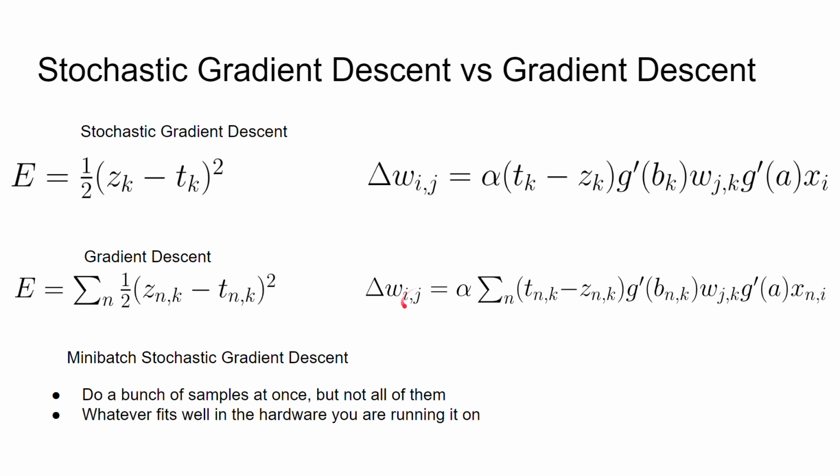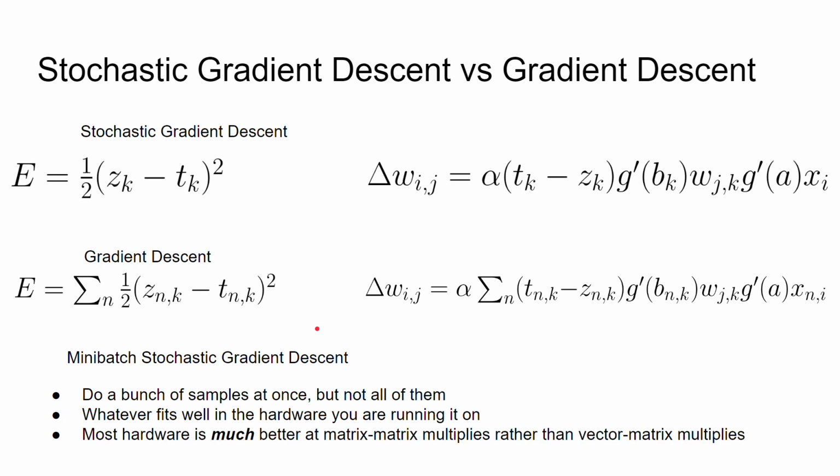Whatever size of this sum fits nicely on your hardware, that's what we'll do at once. Why is this hardware specific? This makes a huge difference in how quickly your algorithms run. Most hardware is much better at matrix multiplies than vector-matrix multiplies.